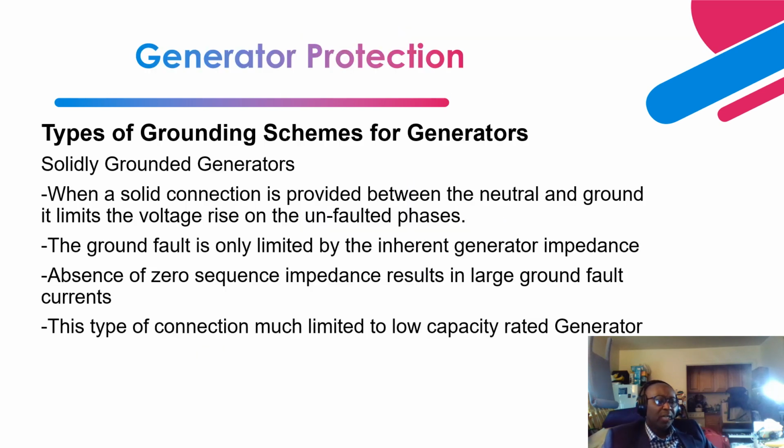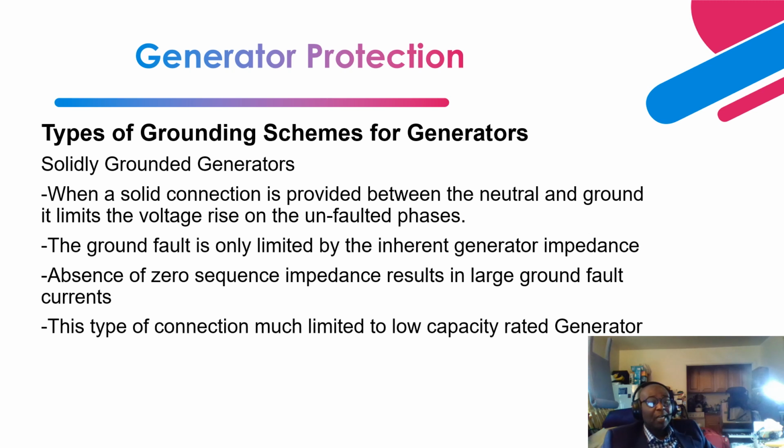So for a solidly grounded generator, as the name says, we don't have any resistance or reactance in between the neutral and the ground, right? If a ground fault should occur, it is only the generator impedance that limits the ground fault.